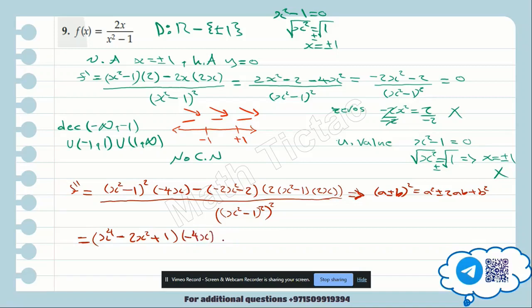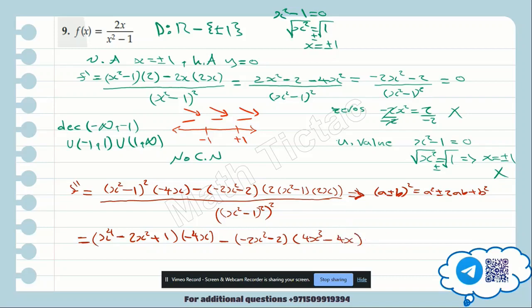Okay, minus, let's try to simplify these. So in here, let's leave this minus 2x squared minus 2 multiplied by 4x. Let's just enter it inside the x squared minus 1, which is going to be 4x cubed minus 4x.